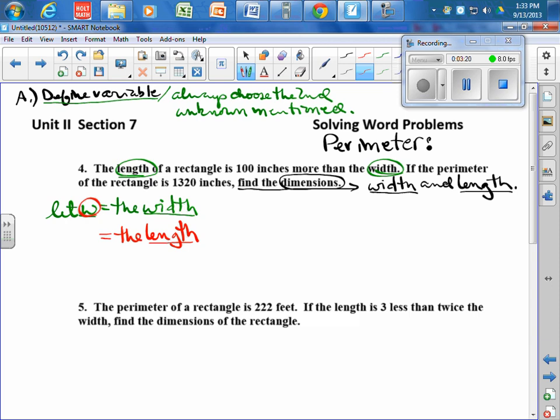But what does it say about the length? It says the length of the rectangle is 100 inches more than the width. Now remember what A1 was in my lecture before: if we're defining the variable, we also have to write an algebraic expression for the other unknowns.